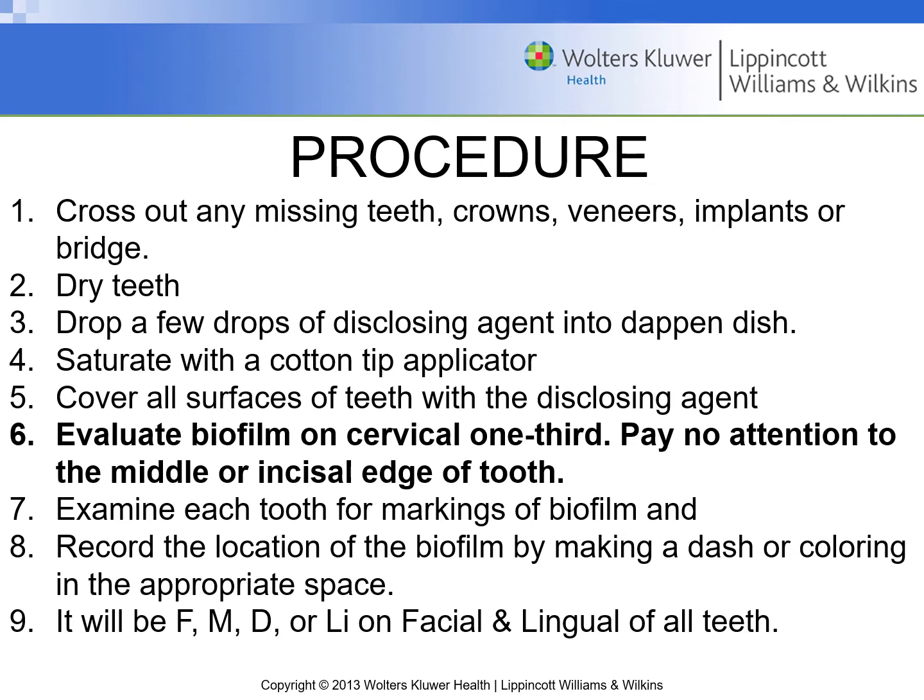We're going to saturate a cotton tip applicator and cover all the surfaces of the teeth with this disclosing agent. Then we're going to evaluate the biofilm on the cervical third. So we don't take any recordings from any of the stain that is on the middle or the incisal edges of the tooth. It's all up by the gum. So we're going to examine each tooth for markings of biofilm or plaque.